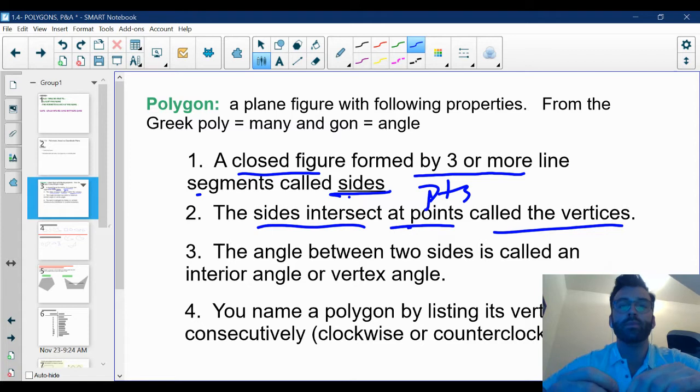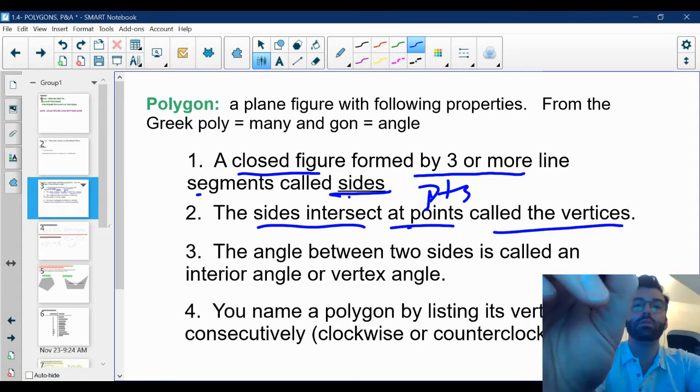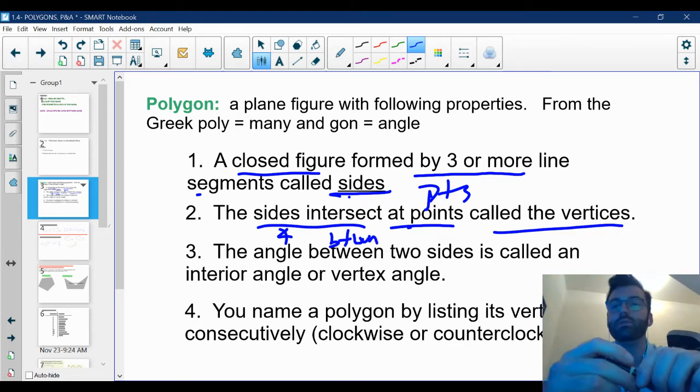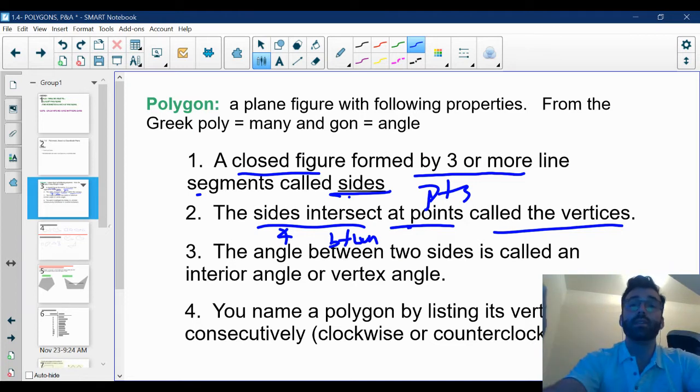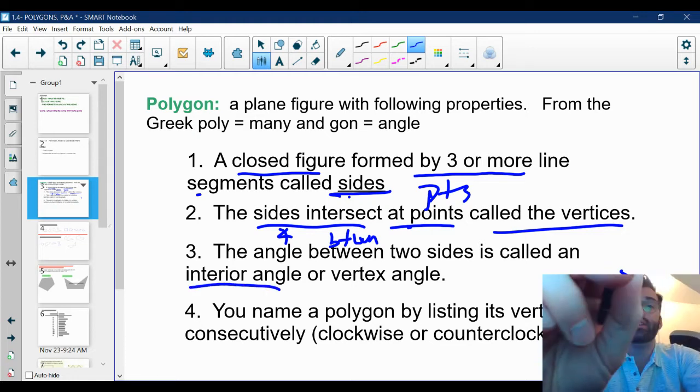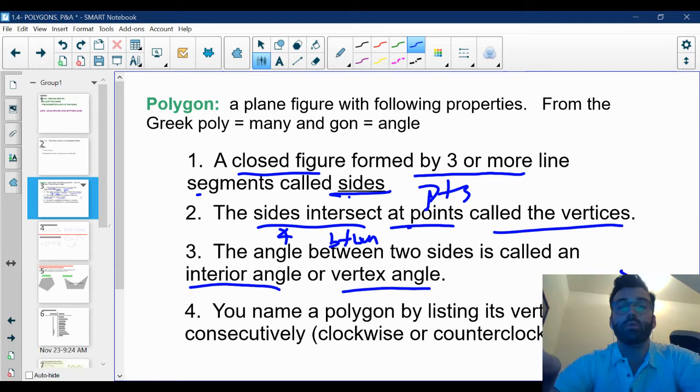The angle between, I write BTWN, that is a W, yes, two sides is called an interior angle or a vertex angle. That is important. We're going to talk a lot about that at some point, and we're going to continue to talk about that. So understanding that we have interior and vertex angles, those are important.